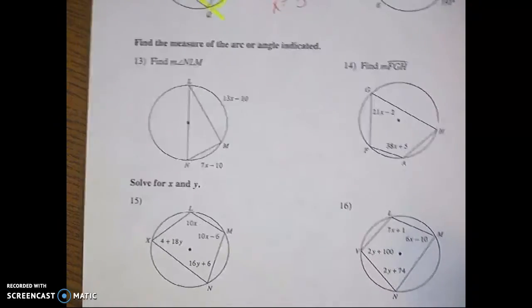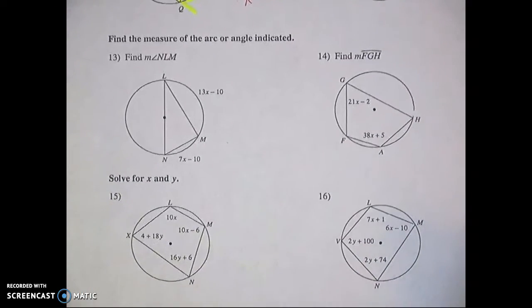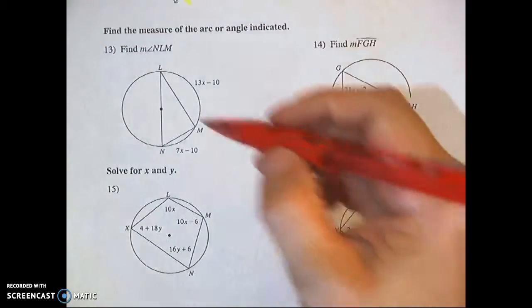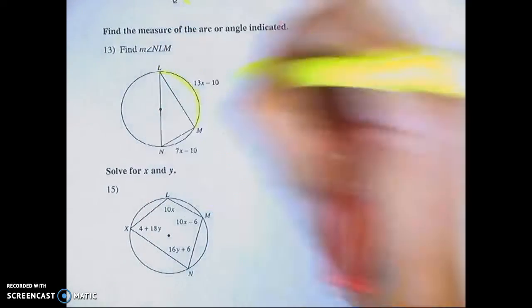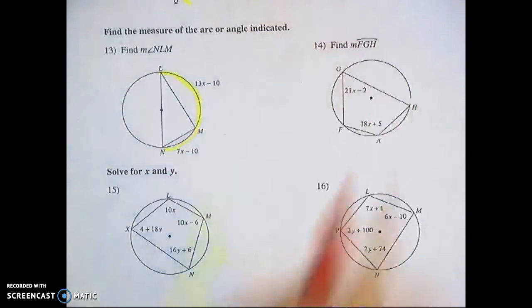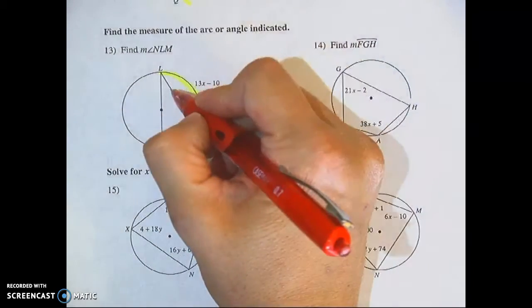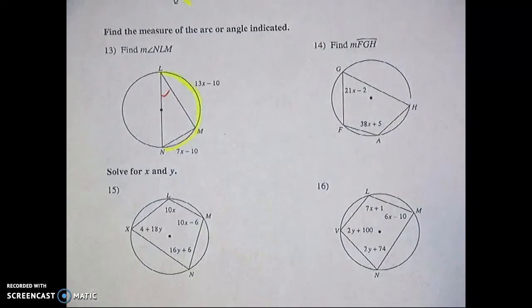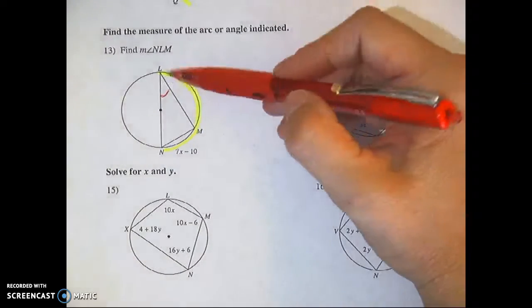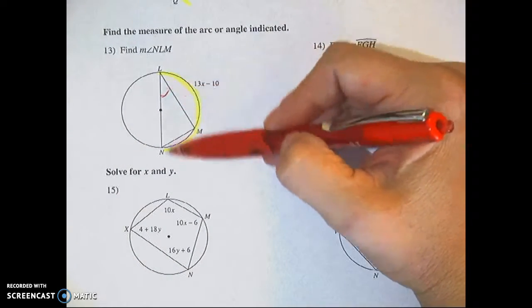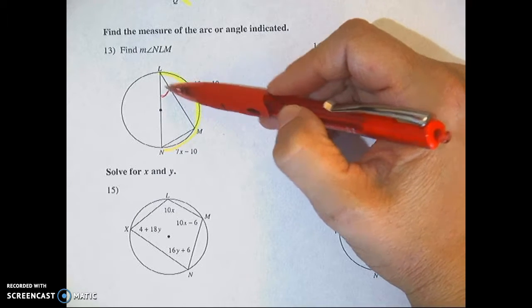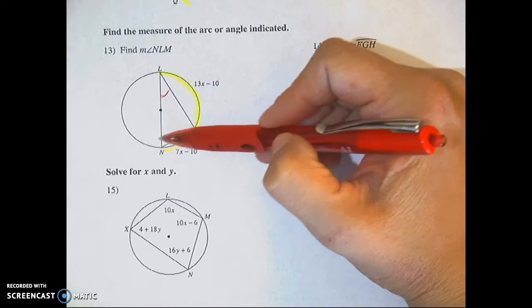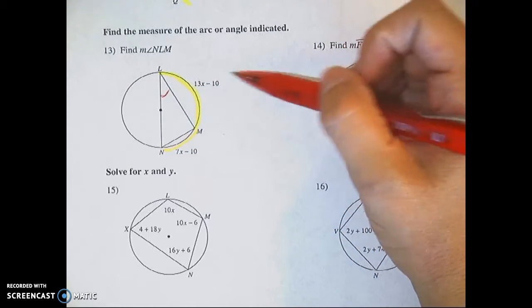Another problem that I was going to look at is this number 13. What I have here are these two measurements, the 13x minus 10 and the 7x minus 10. You are asked to find this angle NLM. Well, I can see that the arc that goes with that is the 7x minus 10, so if I can find the x, I can plug it in to find that angle. If I look at these two, they are half of that circle.